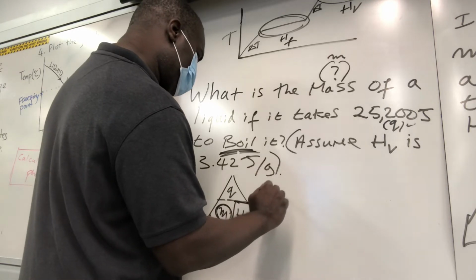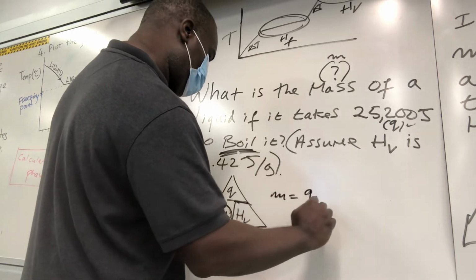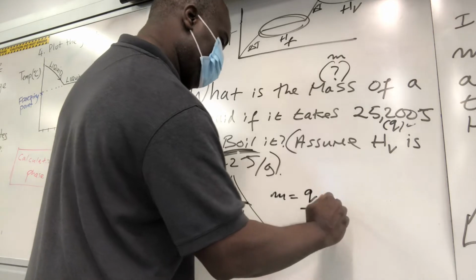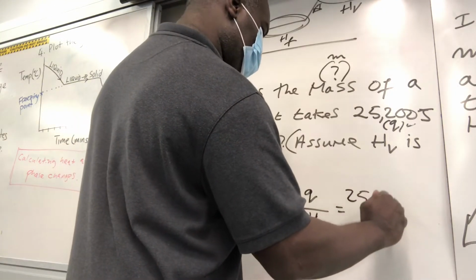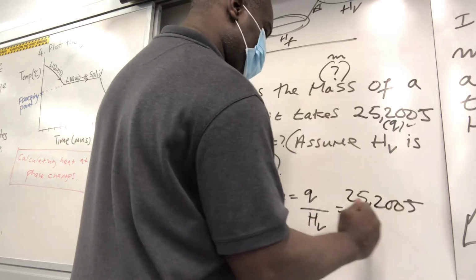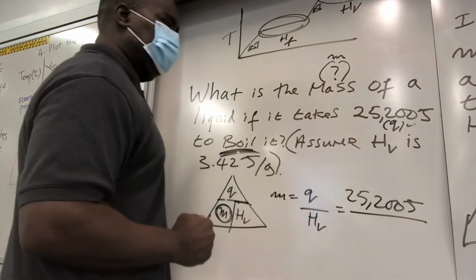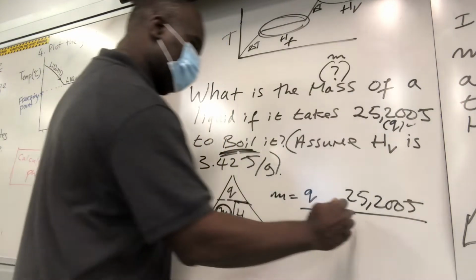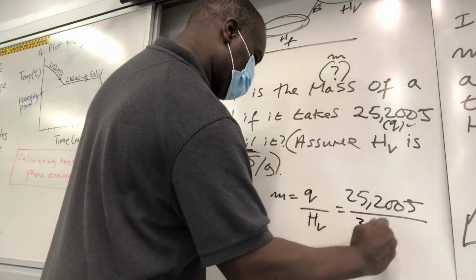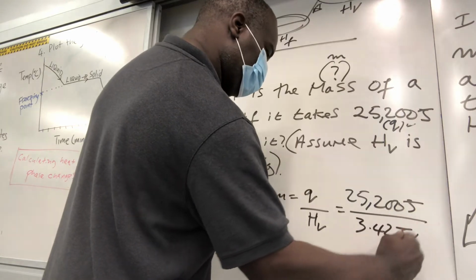So M is equal to Q over H of V, which is equal to 25,200 joules divided by the H of V value, which is given to us here, which is 3.42 joules per gram.